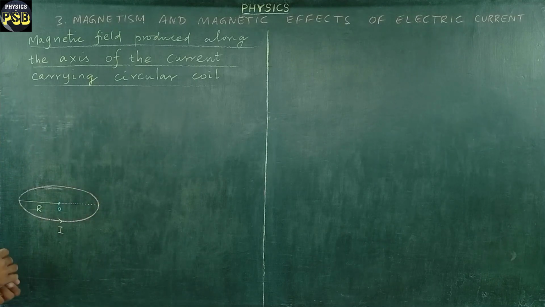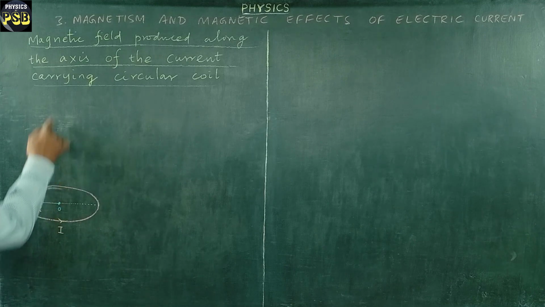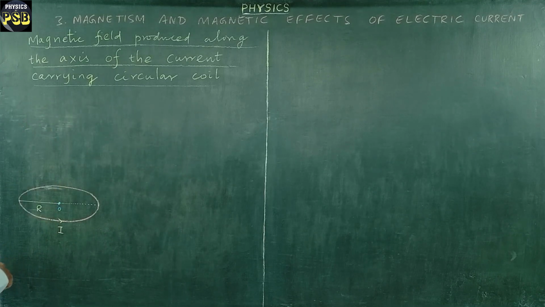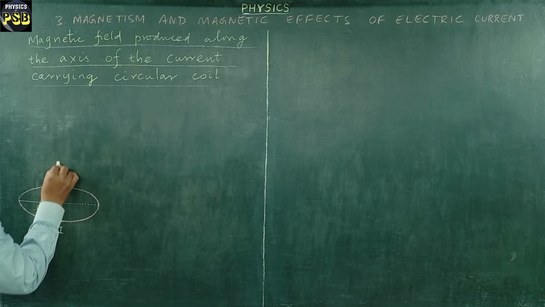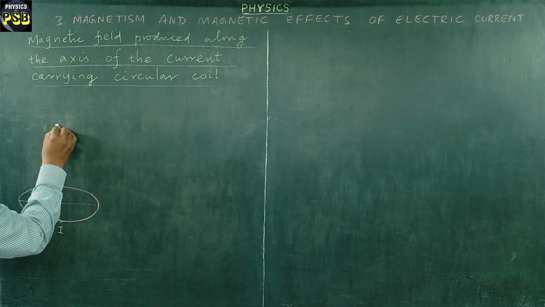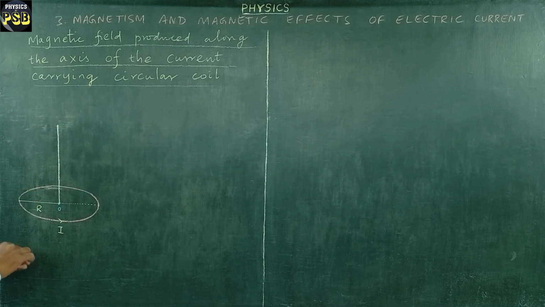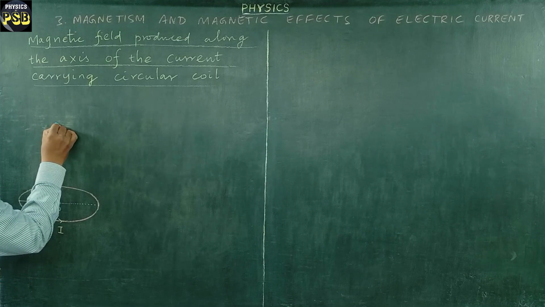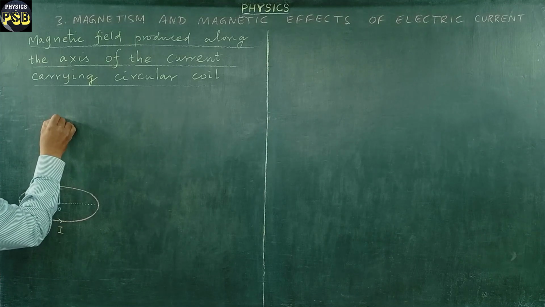Draw a dotted line here. Then along the axis, this is the axial line. Along the axis, I take one point. I name this point as P.